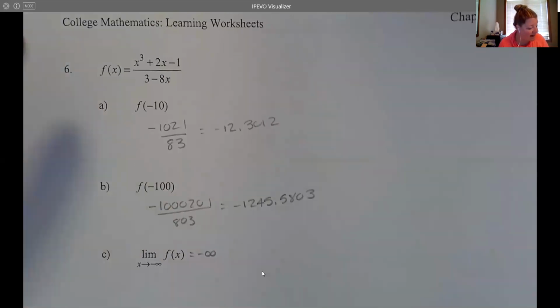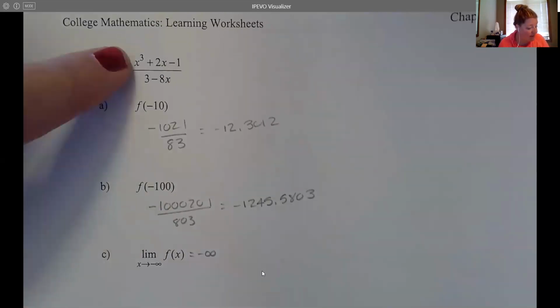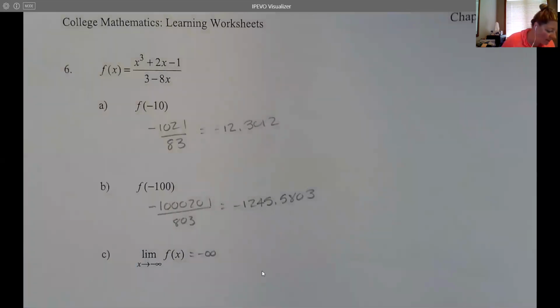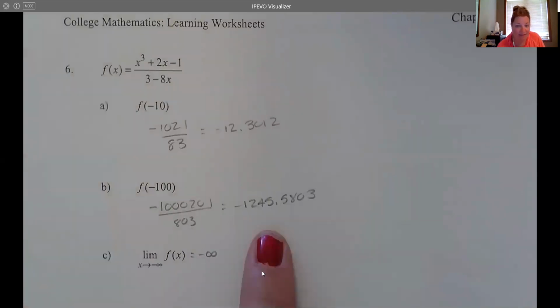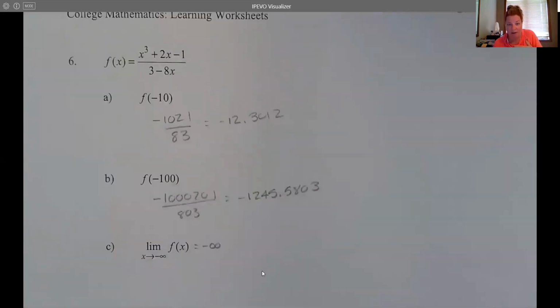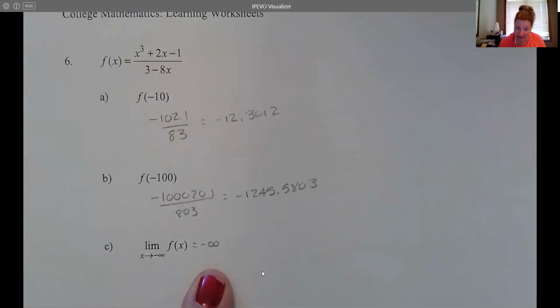So if we put in -10, we're going to end up with -12 point whatever this is. If we put in -100, we're going to get -1,245. So what's happening as we put in bigger negative numbers? We're going to get bigger negative. So we're going towards negative infinity.